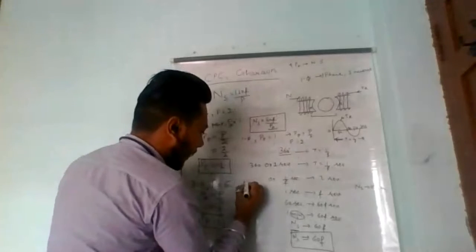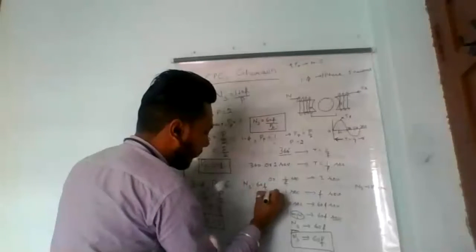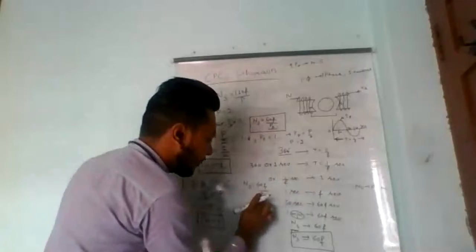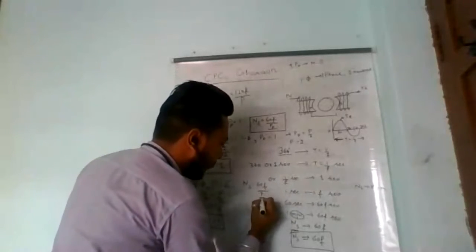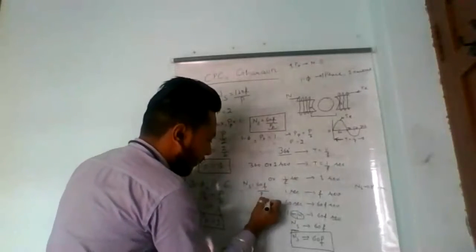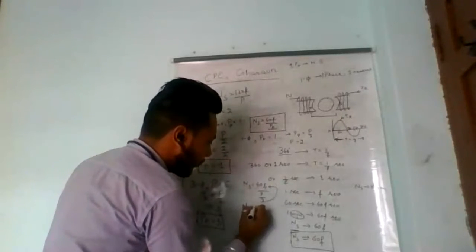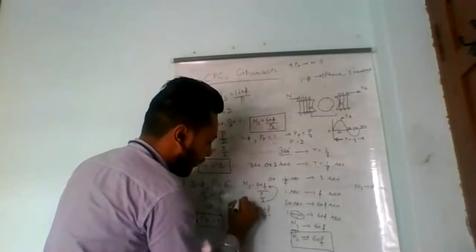Then ns is equal to 60 f upon pp. pp is nothing but the number of poles divided by 2. Then this 2 comes in the numerator part. ns is equal to 120 f upon p.